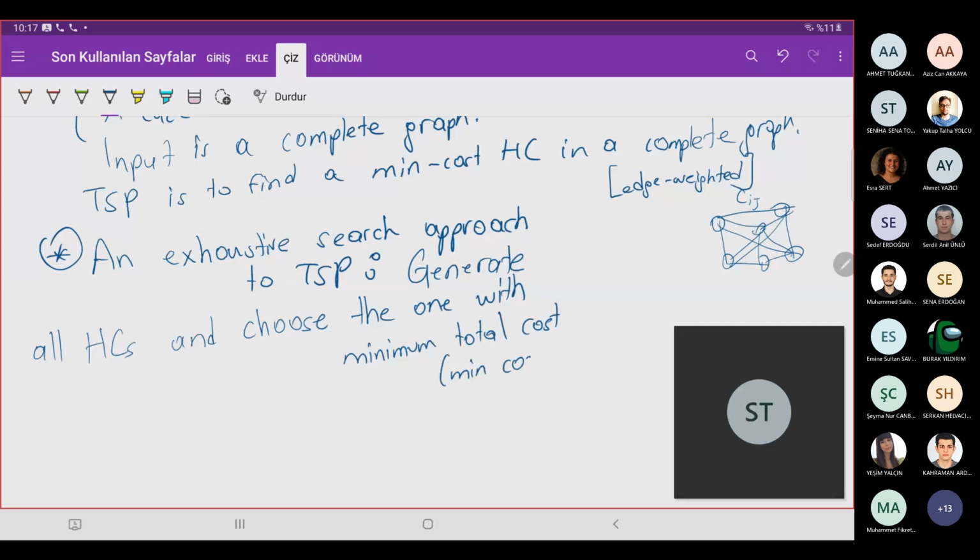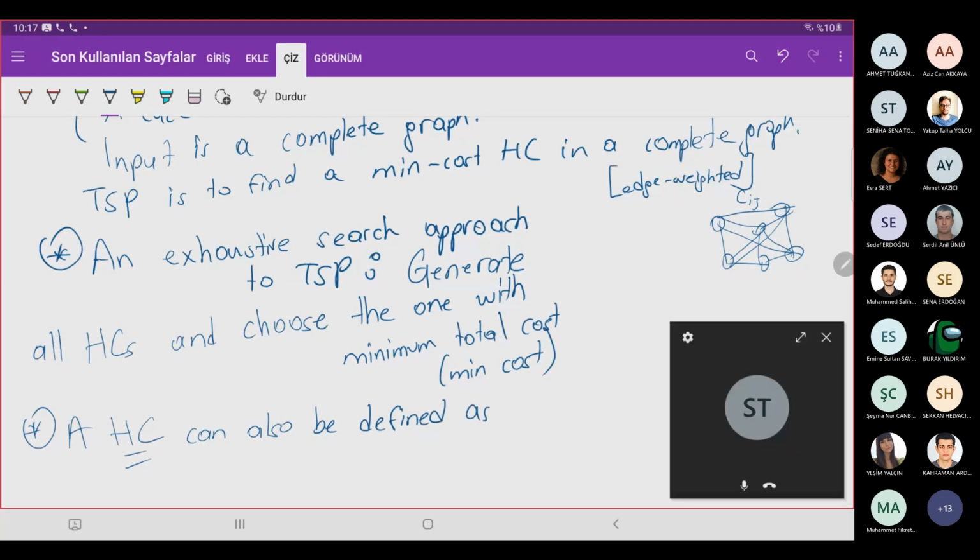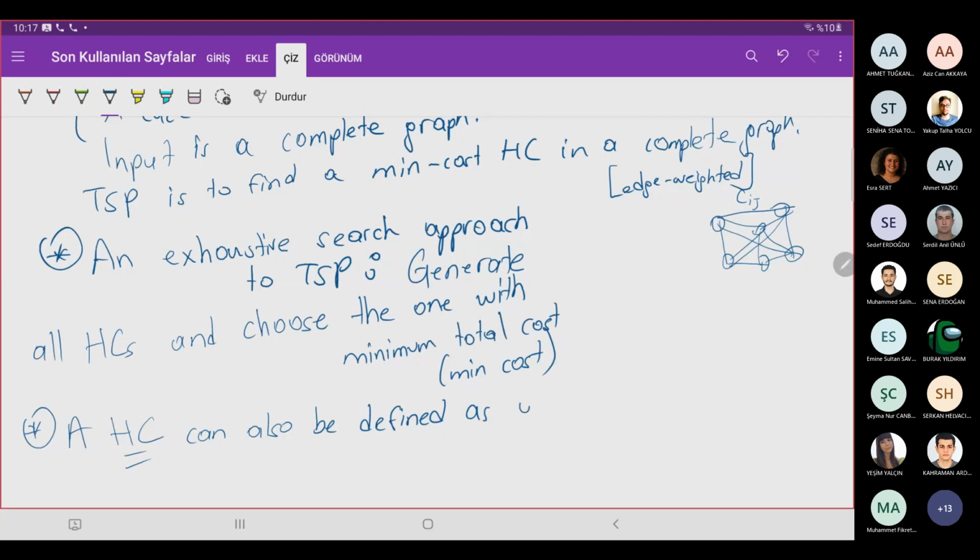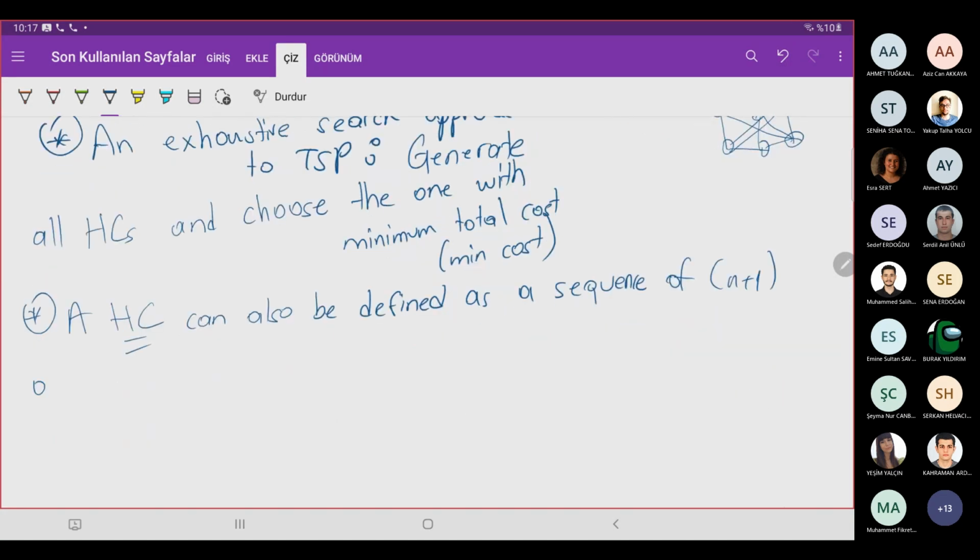Okay. A Hamiltonian cycle can also be defined as a sequence of n+1 adjacent vertices, and I will explain why.